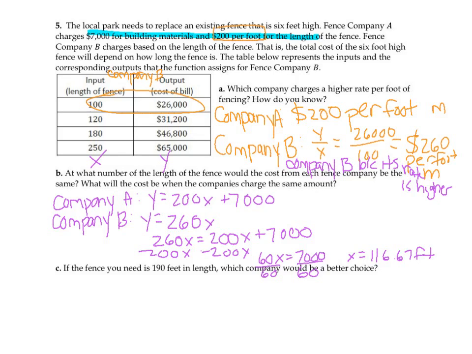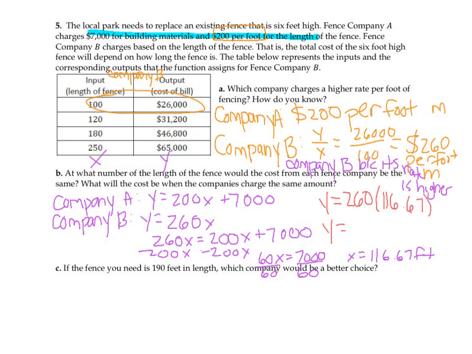So now it also tells us to find the cost. Now that we have our x, we can find our y. To do that, we can plug our x into either of the two equations, but Company B's equation would be easier to plug into. So our x is 116.67, so we'll plug that in.